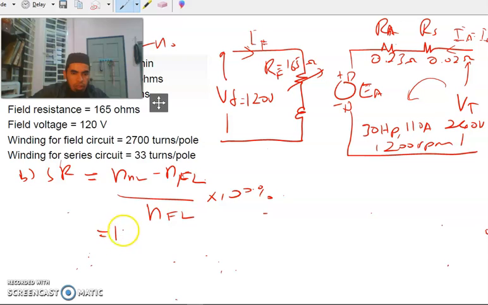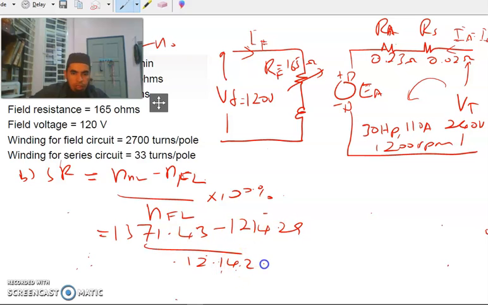Just now we calculated the no load, 1371.43, at full load 1214.29, divided by 1214.29 times 100. So it is equal to 12.94%.